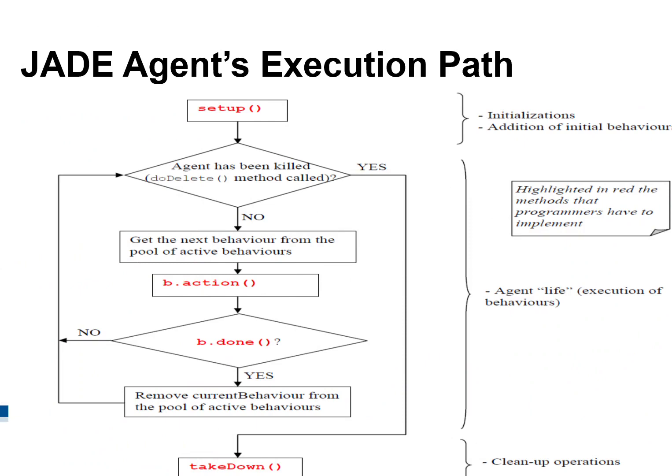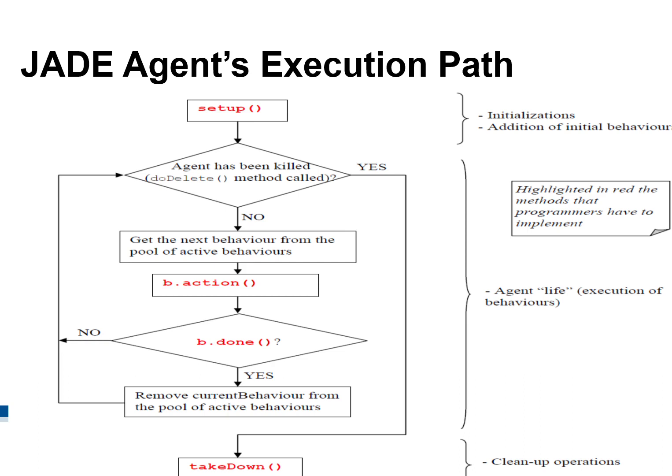When you think of an agent's execution path, and particularly when you look at the behavior attributes of Jade, this picture gives you a feel of how a Jade program will be implemented using behaviors.